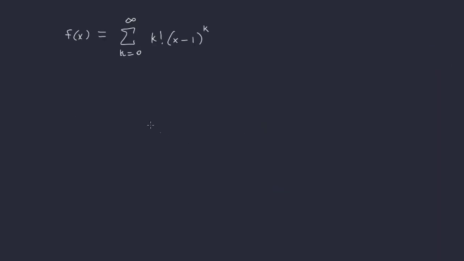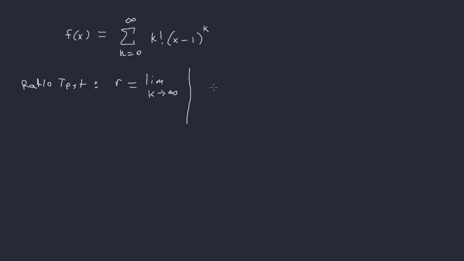All right, so for this example, we'll have the series k going from 0 to infinity of k factorial times (x minus 1) raised to the k. So since I see a factorial, I'm thinking ratio test. Okay, so for that, our r will be the limit as k goes to infinity of the absolute value of the k plus 1 term.